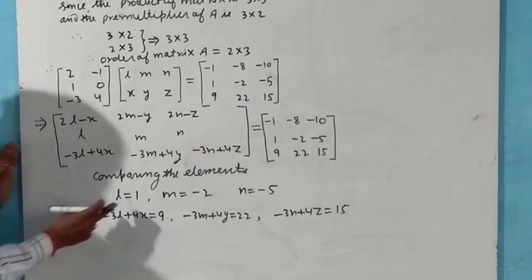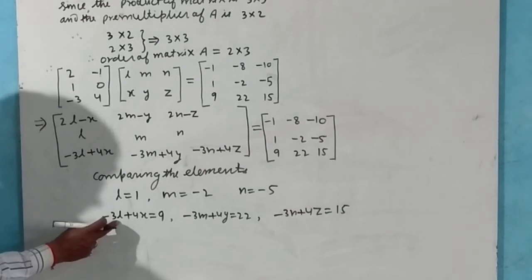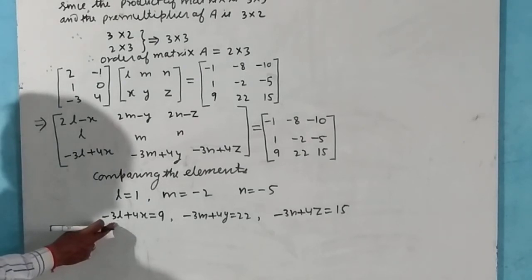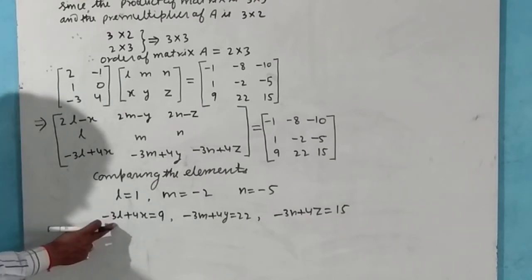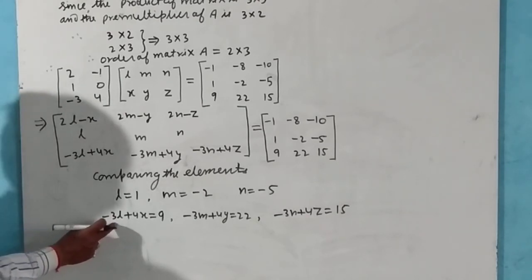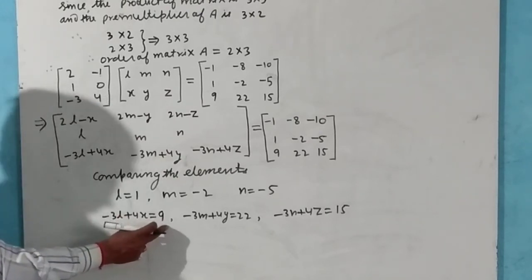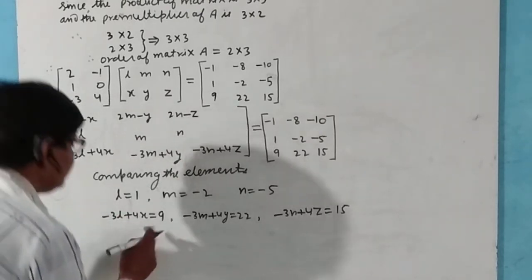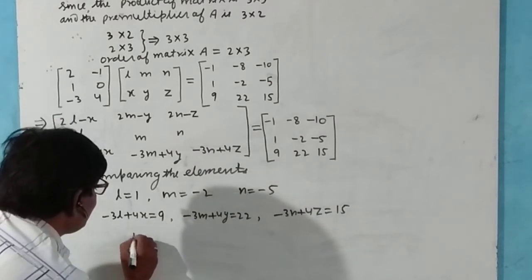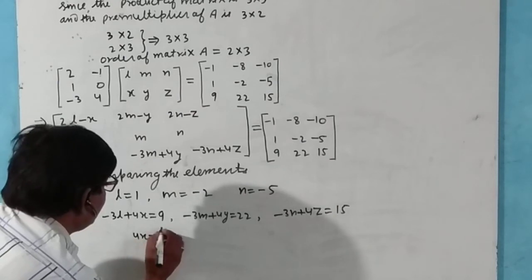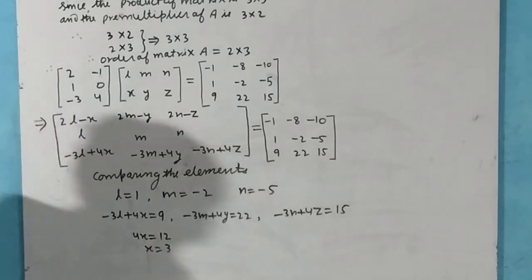Now putting the value of L equal to 1 here, minus 3 comes here, plus 4x equal to 9, and 9 plus 3 is 12, so that x is equal to 3.